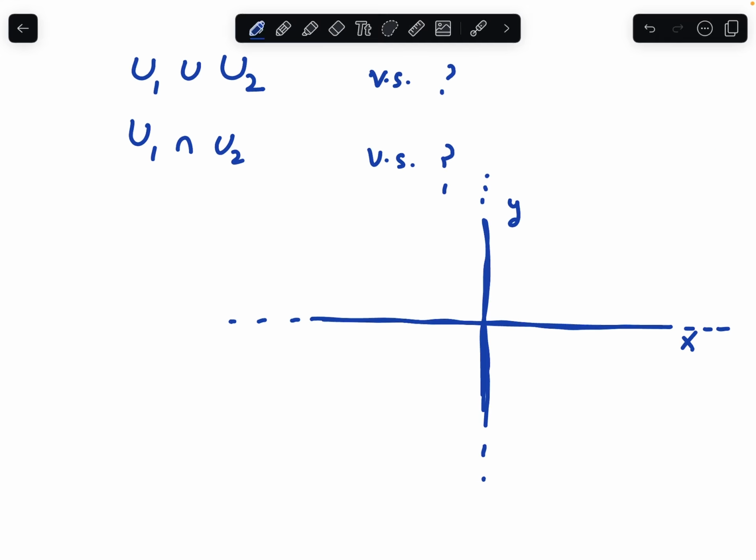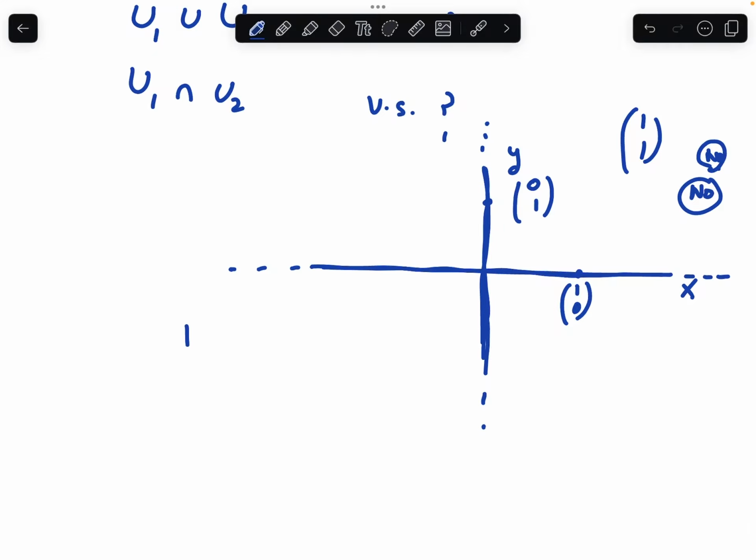Now, if I take a vector inside U1 union U2, let's say (1, 0), and if I take this vector (0, 1) and add them, what do I get? I get (1, 1). But is (1, 1) on the x-axis? No. Is it on the y-axis? No. So it is on neither axis. That is, (1, 1) is not inside the union.